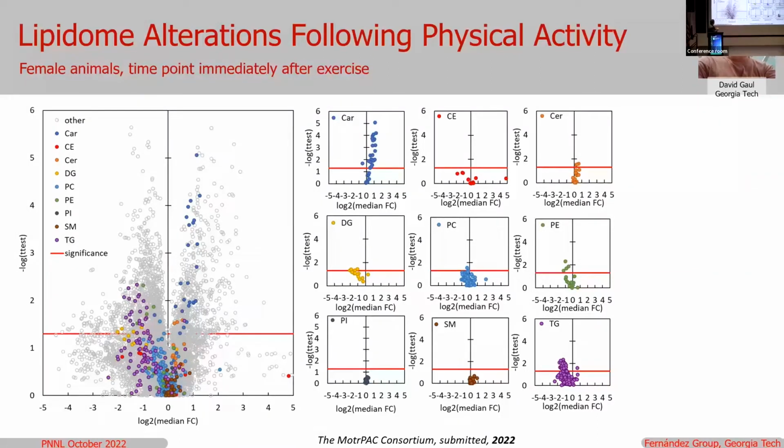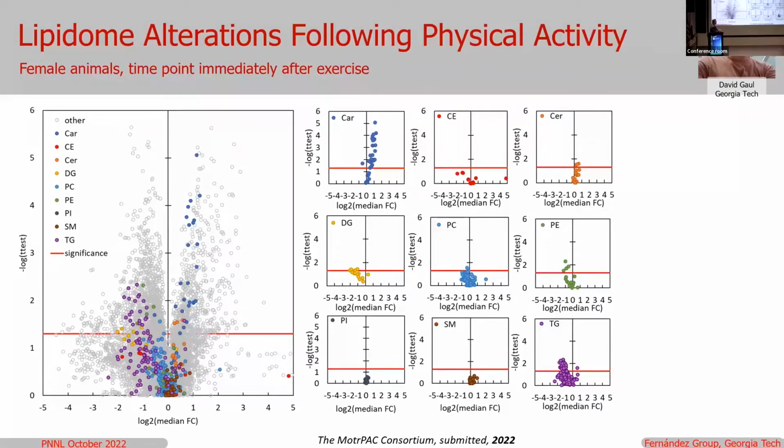This is basically the reason why you need to renew your gym membership. But you see that exercise causes a lot of remodeling in the lipidome, as we all know. But what's really interesting is that the dots in gray are unknown lipids that are changing. And you see that the amount of biological information that we're missing is pretty huge.